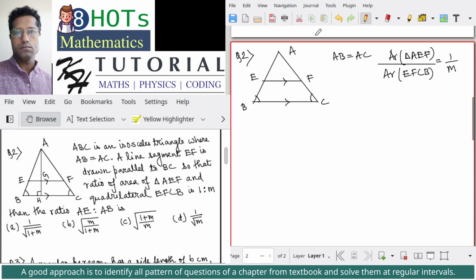Since it is talking about area, and since ABC is an isosceles triangle, if I drop a perpendicular, that is why the hint is given in the figure.